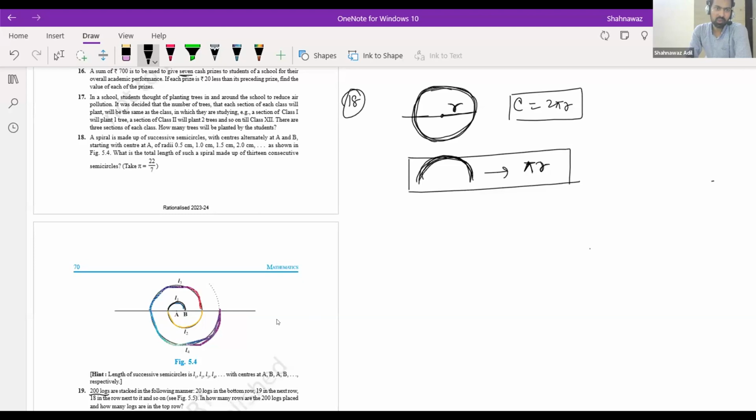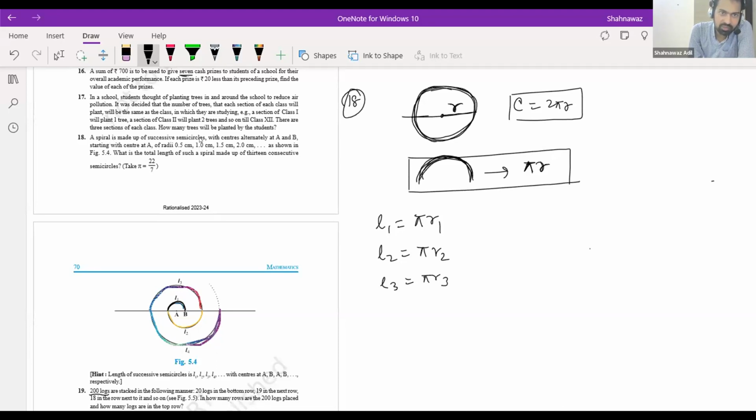So now in this question, this L1 is pi R1, because this is a semicircle, and then L2 is pi R2. L3 is pi R3, and so on.